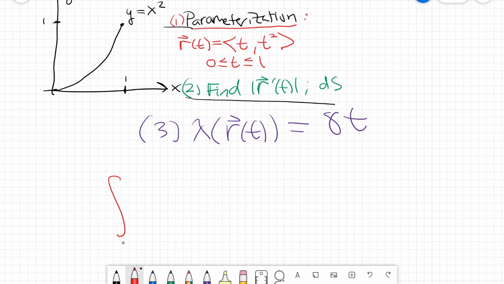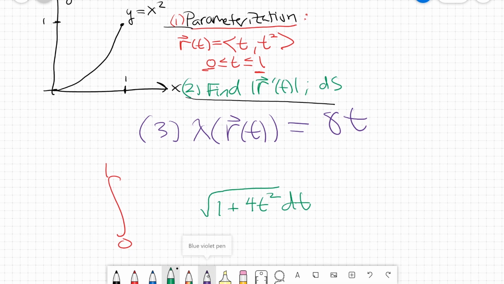The integral bounds will come from our parameterization, the first ingredient, and our speed and small distances will come from the second ingredient, and our third ingredient will come from plugging in the parameterization.